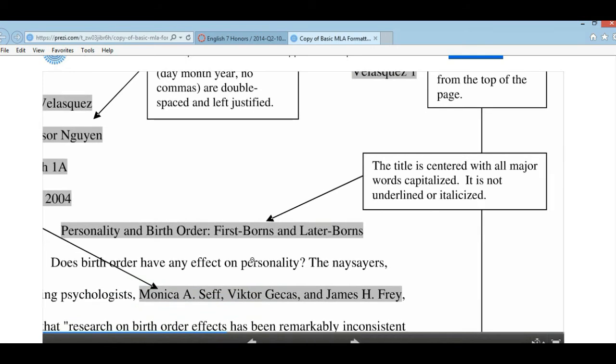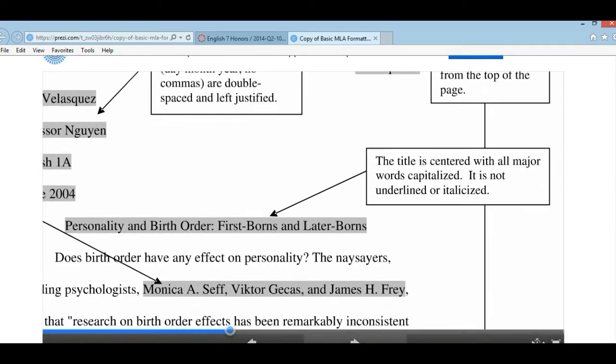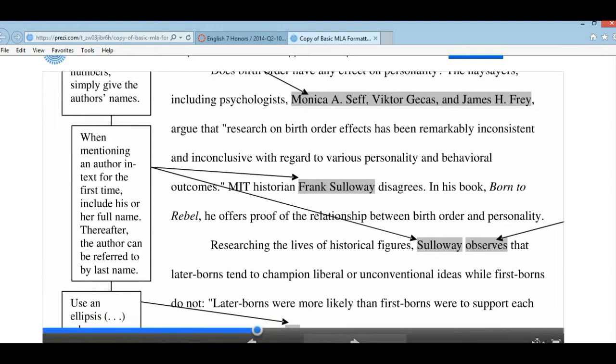Your title does not need to have any special highlighting or underlining or boldface type. All it needs is to be centered. It's not italicized or anything else, as you can see. Whenever you're giving your research, you would say where you found that information as well as the author's name.